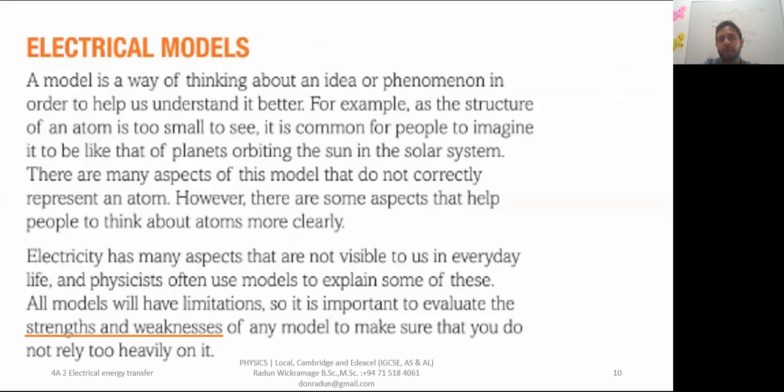So you can't show them; you have to use a model. Just like that, in an electrical circuit, you use a model. Even Benjamin Franklin, who named the direction of conventional current, couldn't explain it very well because he thought positive charges were moving.